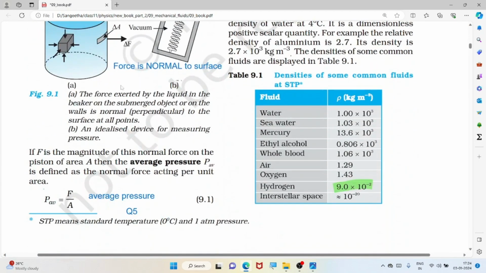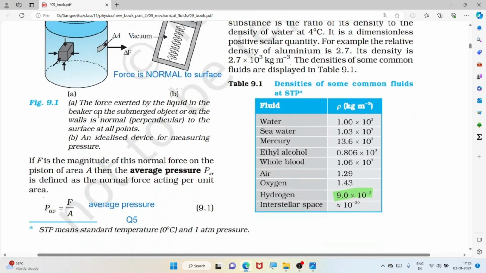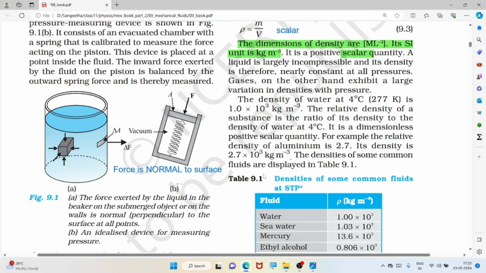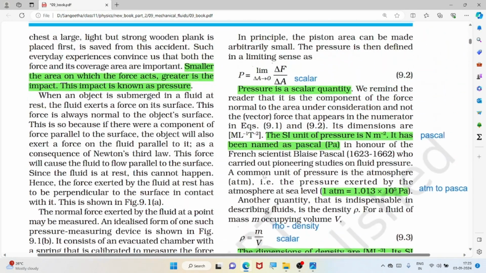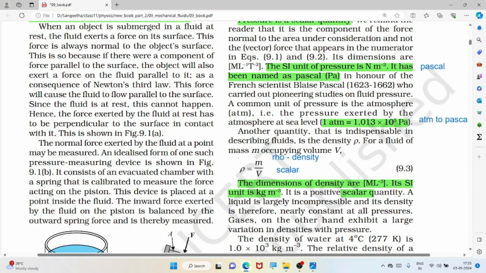Pressure is force by area. Pressure is a scalar quantity.